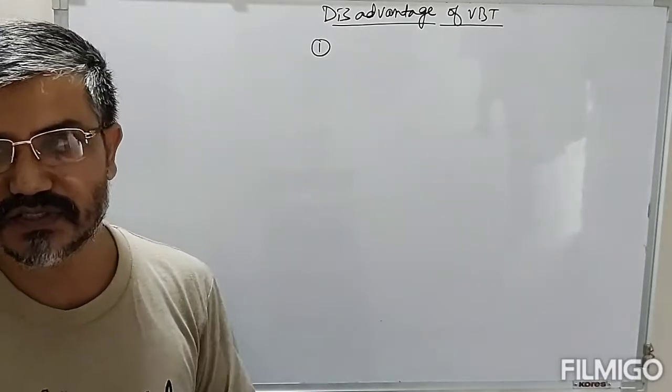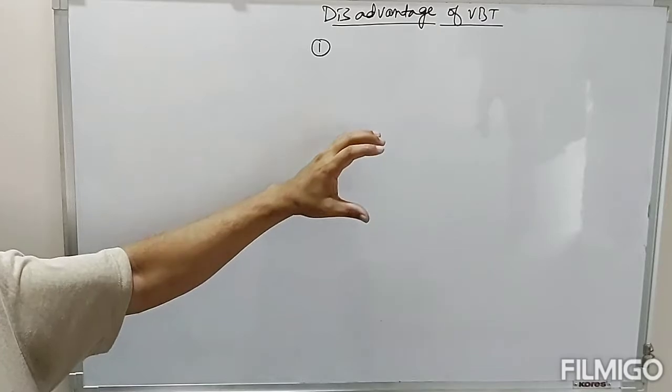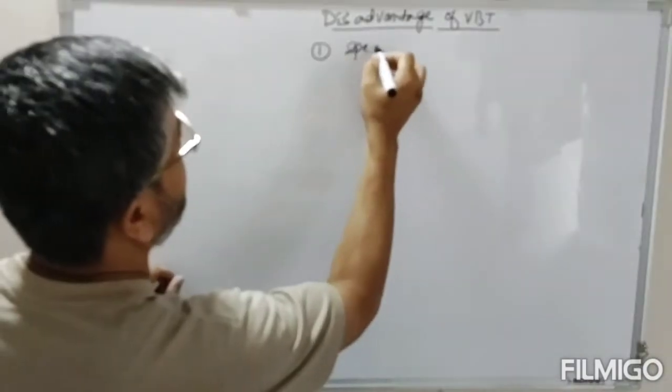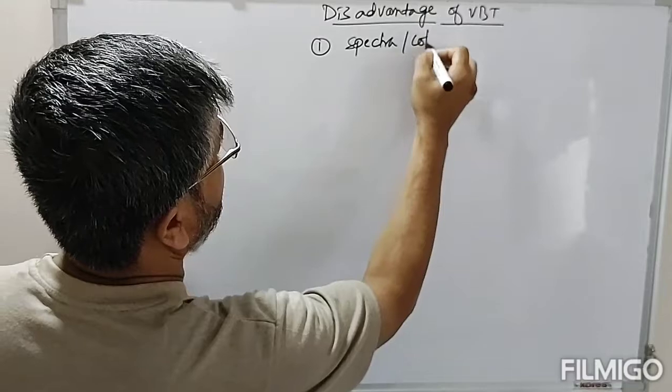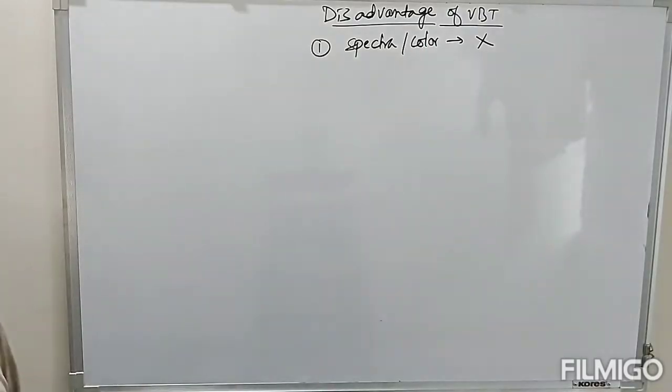And why are complex species, or transition elements and their compounds, colored? So this says nothing about the spectra or the color of the complex.